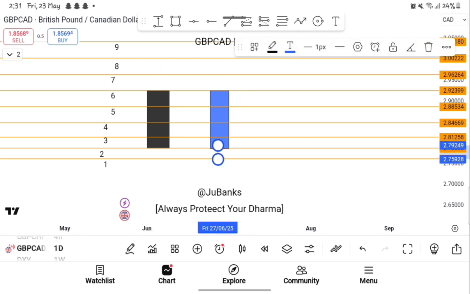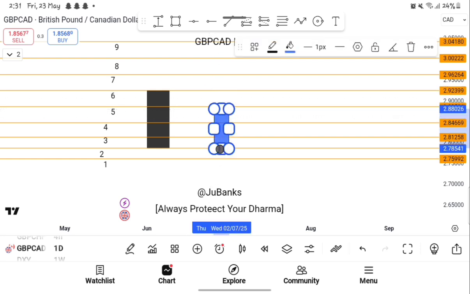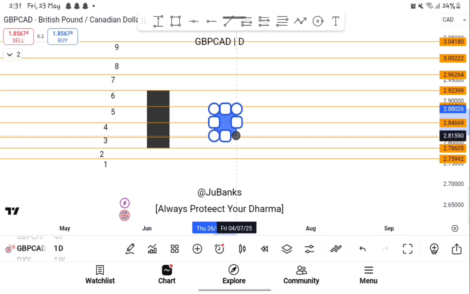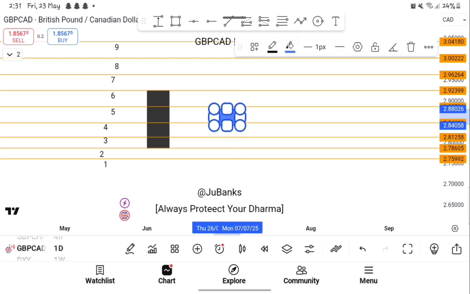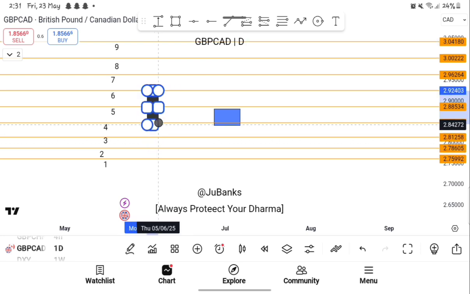Right. So let's say for this, you have a smaller body, and then longer wicks. Let's explain this, and then we'll be done for this.